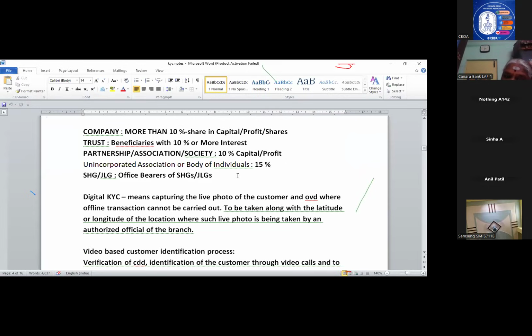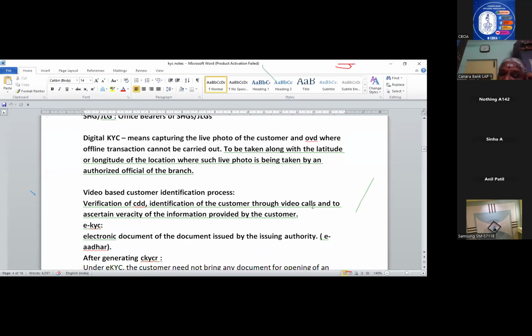Unincorporated association or body of individuals, it is 15%. In case of SHG or JLG, that is self-help group or joint liability group, the office bearers are the juridical persons. They are the controlling officers. So they get that benefit.